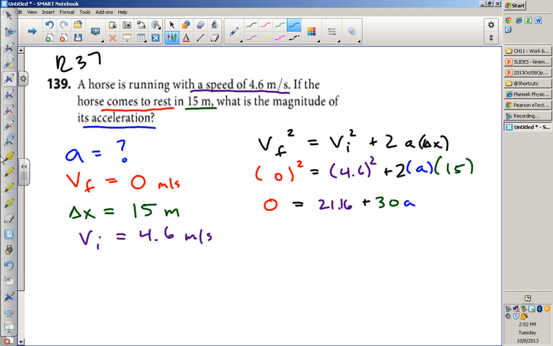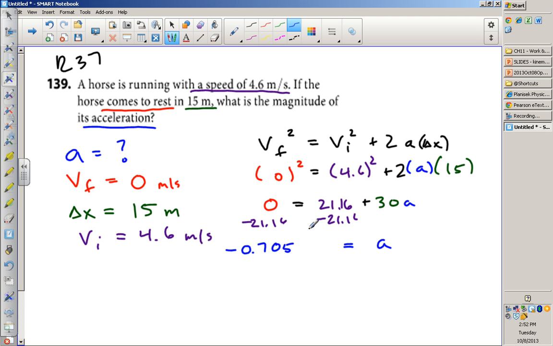So first thing you do, subtract 21.16, and again, you do not need to show me this every time. Just because this is the first time we've done this, I want to make sure we're doing our algebra right. Subtract 21.16 from both sides, then divide by 30. So that leaves us with an acceleration of 0.7.